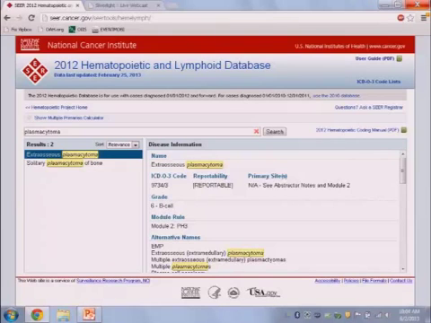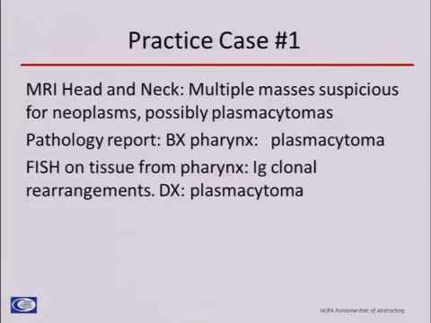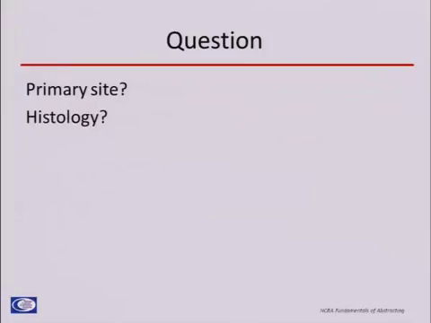Now, when we looked at this first example, we're looking at a plasmacytoma of the pharynx. So that's extraosseous plasmacytoma. So what would the primary site be? Pharynx.